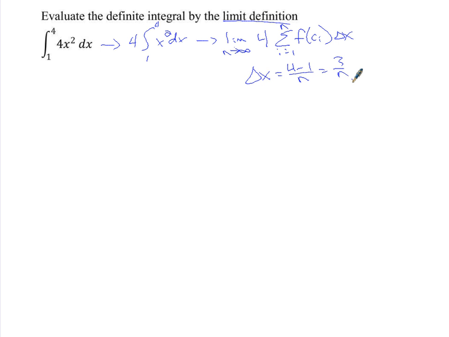You have your choice. You can use left endpoints or right endpoints here. Right endpoints. So c sub i equals 1 plus i times delta x, so we get 3i over n.